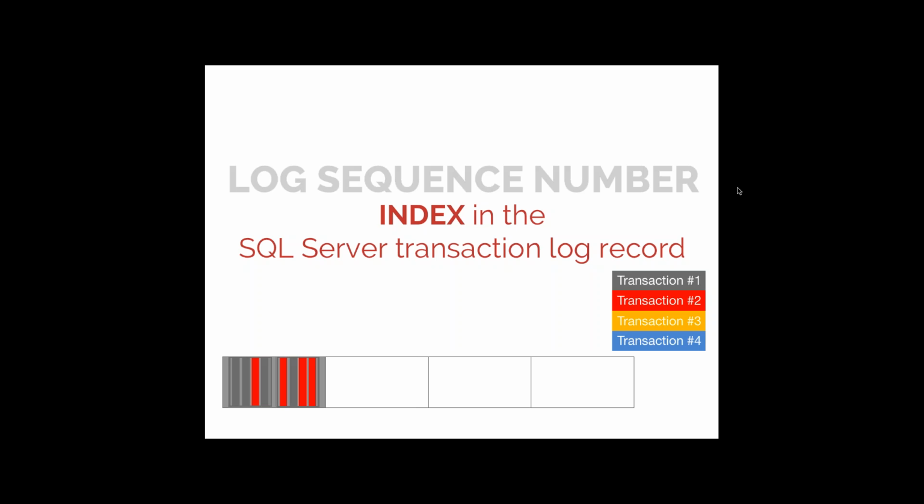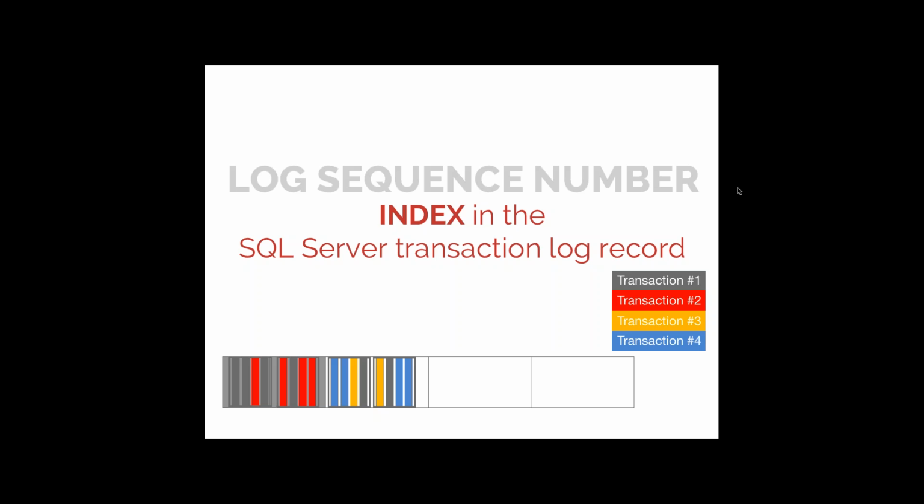Now, keep in mind, there is no guarantee that transaction number 1's log records will be written within a single VLF or within a single log block. Because of the very nature of a database system, where potentially lots and lots of users could insert records, there will be simultaneous log records written into the log file as well.